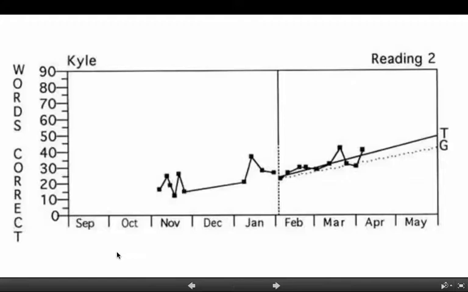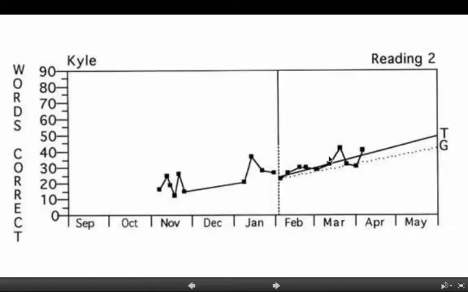So the teacher, for example, may acquire some baseline level right here for Kyle, and may find that he's reading about 20 words per minute, for example, or during a 5-minute interval, or 30 words, and the high point over here was about 40. And then that teacher puts their interventions in place and takes a look at the post measure.